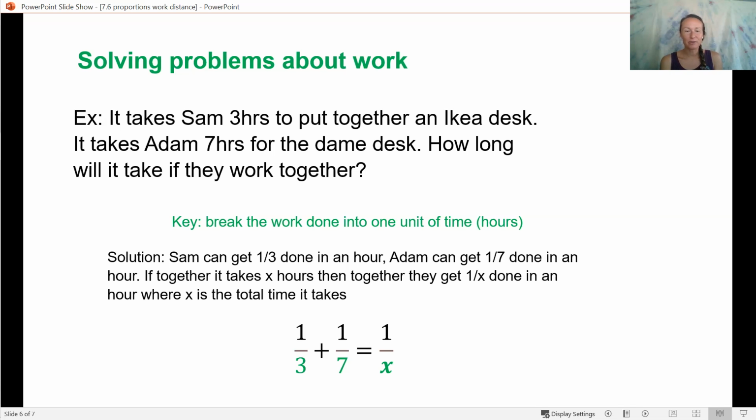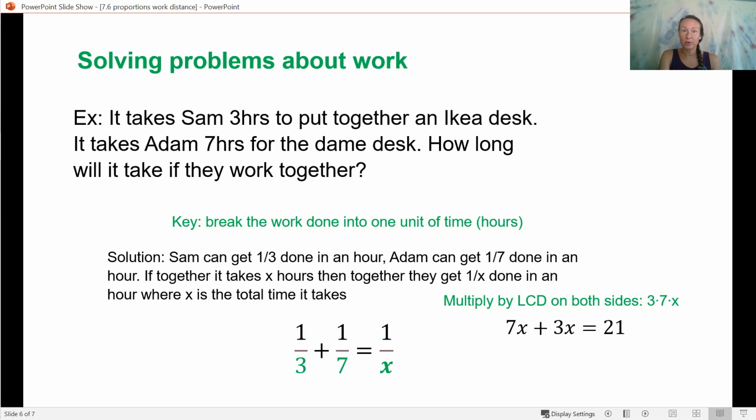So it comes out to be a really nice looking equation. 1/3 plus 1/7 equals 1/X. Okay. And when you set up these work problems, it's always going to be 1 over something. So when we go to solve, we're going to have to multiply by the LCD, which in this case is 3 times 7 times X. We multiply everything by that.